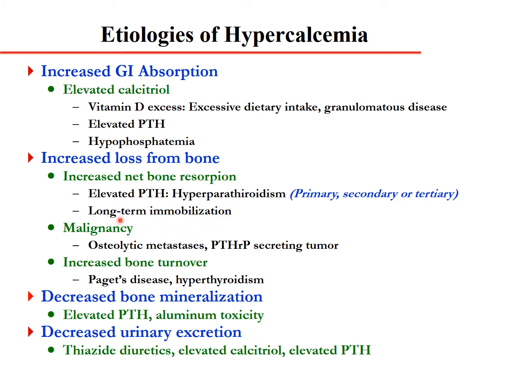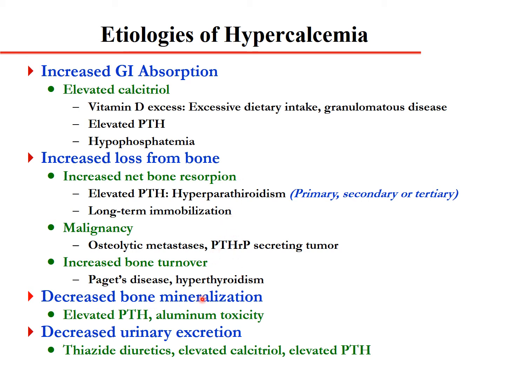Long-term immobilization, because the amount of bone usually depends on the physical activity and the stretch of the bone. Malignancy, osteolytic metastasis, or a PTH-related peptide secreting tumor can cause this one. Increased bone turnover in some diseases, such as Paget disease or hyperthyroidism, can increase the calcium level.